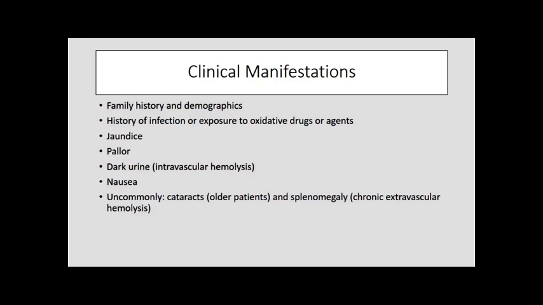In some patients you can have cataracts. This is not very common. And splenomegaly because of the chronic extravascular hemolysis. There you have the two types of hemolysis: intravascular that will produce dark urine, and extravascular that will produce splenomegaly.